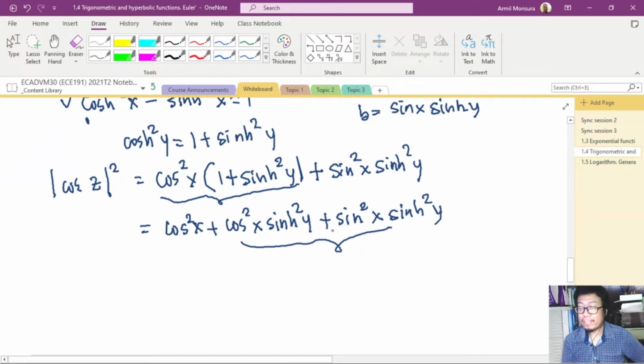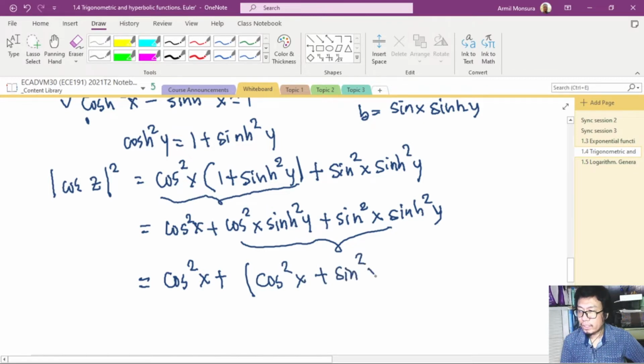So we can factor them out. Writing the first term first, the factor left after we factor out hyperbolic sine square y is cosine square x plus sine square x.